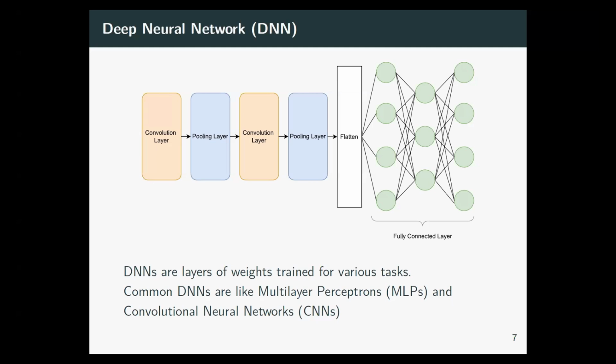They are layers of weights trained for various tasks, and common deep neural networks for side channel analysis are multi-layer perceptrons, MLPs, and convolutional neural networks, CNNs. This diagram is of a convolutional neural network with convolution layers followed by pooling layers. Then it ends off with fully connected layers. For an MLP, it's simply the fully connected layers only.